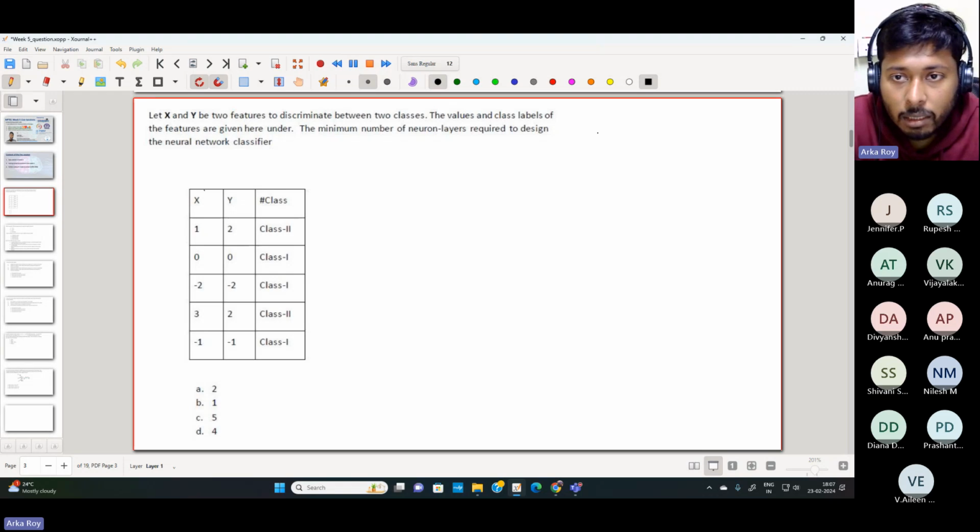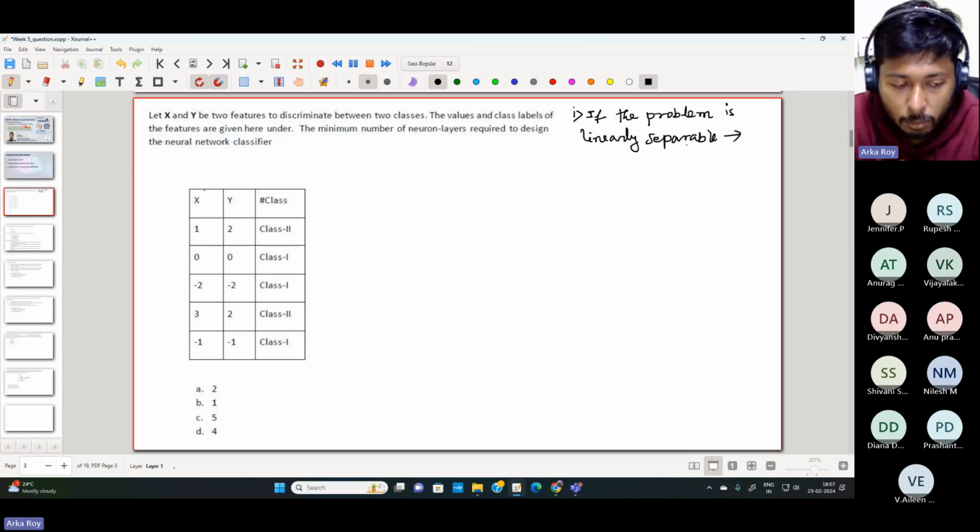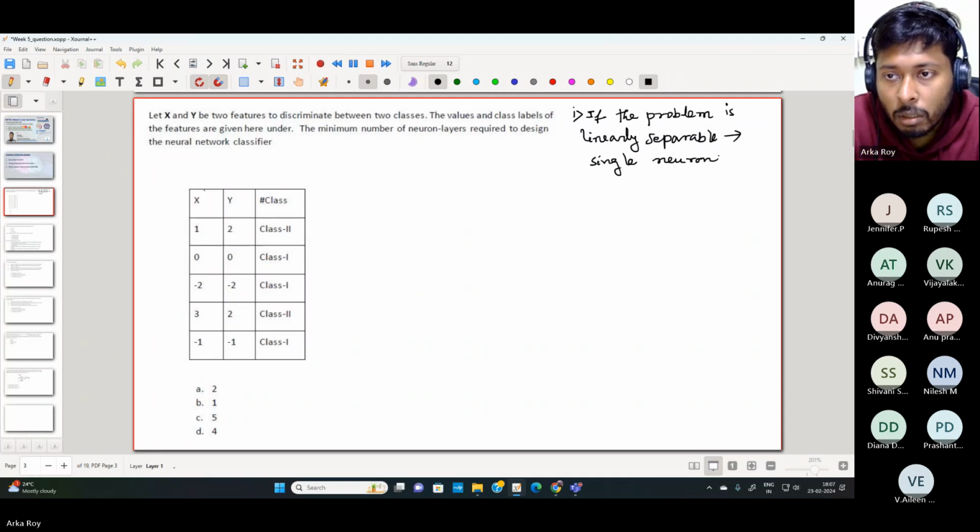So the assumption is, if the problem is linearly separable, as we have seen in the case of AND gate, OR gate, then using a single neuron, we can get the classification done.